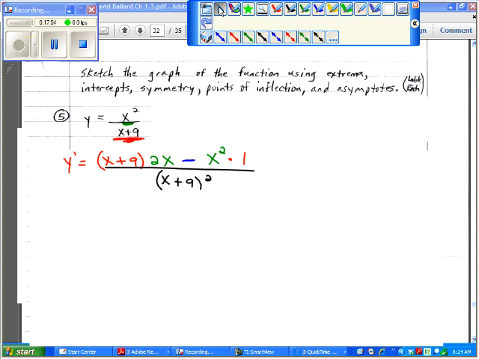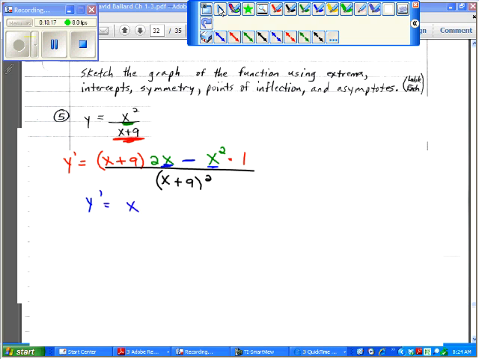Now we need to look at the first derivative and think about what factoring opportunities we have. What could we factor out of that? Looks like just an x, right? So we can factor out an x.